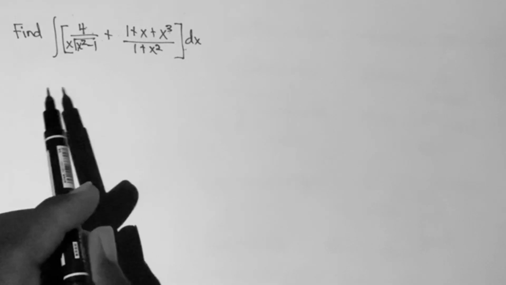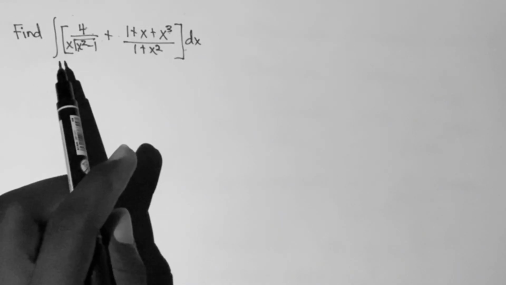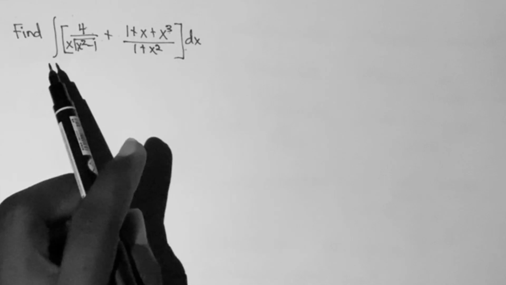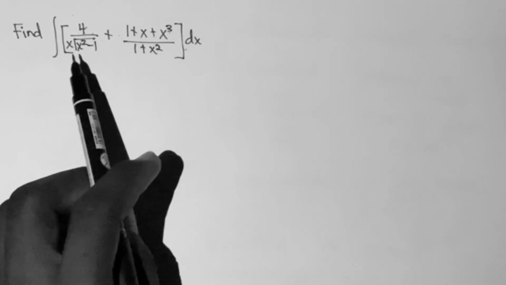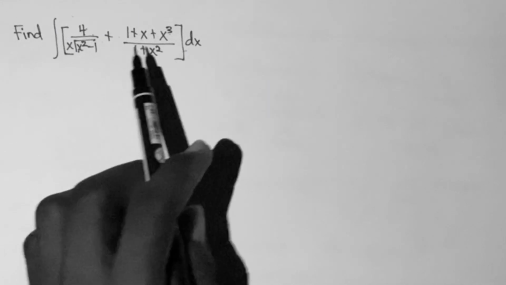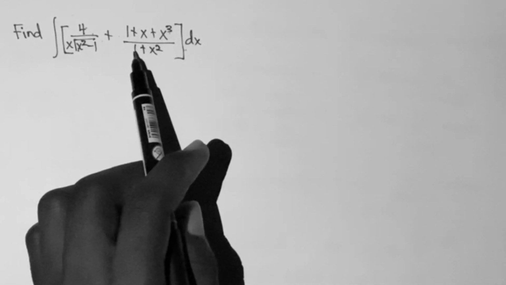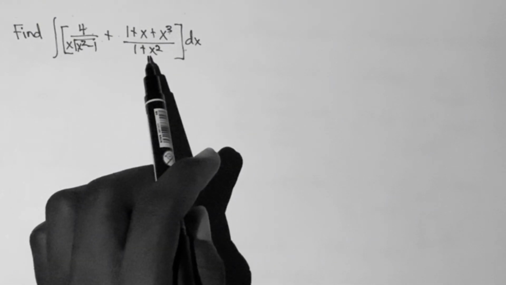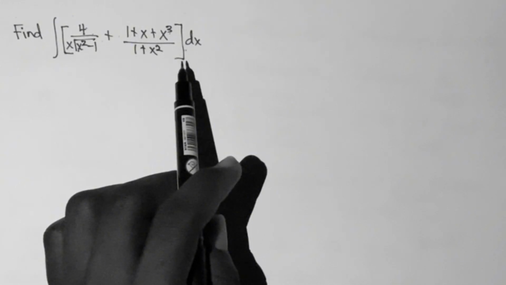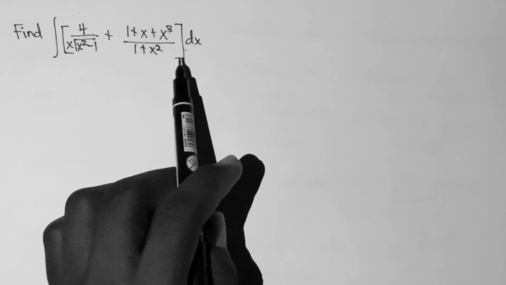So we are supposed to evaluate this one too, which is the integral of, in brackets, 4 divided by x square root of x squared minus 1, then plus 1 plus x cubed divided by 1 plus x squared, all in brackets, dx.